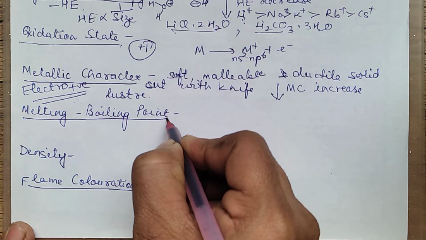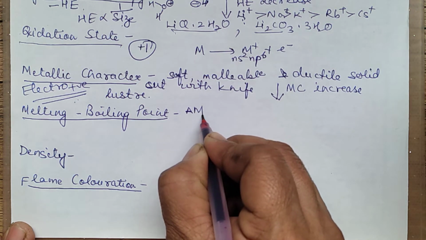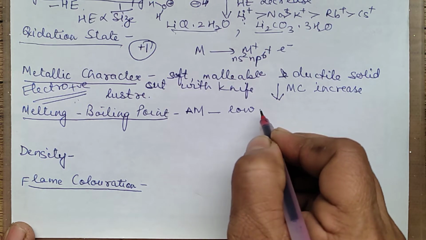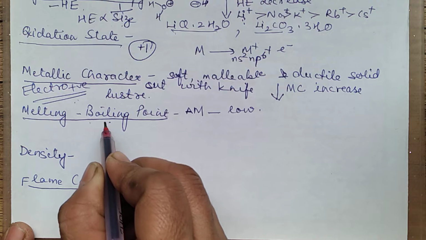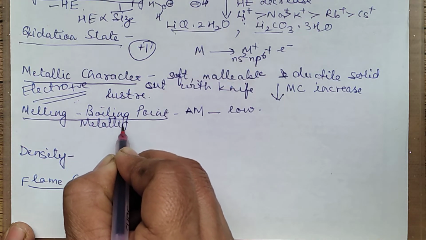Now moving on to the next property, melting and boiling point. If we talk about alkali metals, their melting point and boiling point are very low because they are bigger in size, and the melting and boiling point of metals depends upon the metallic bond.